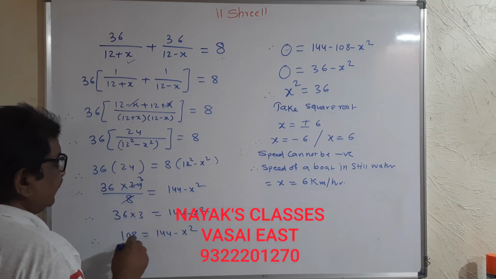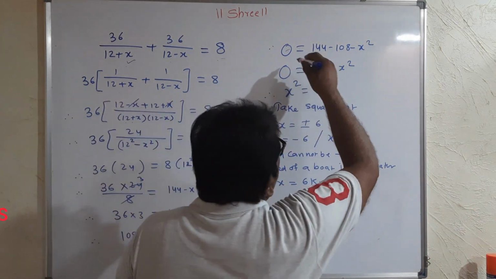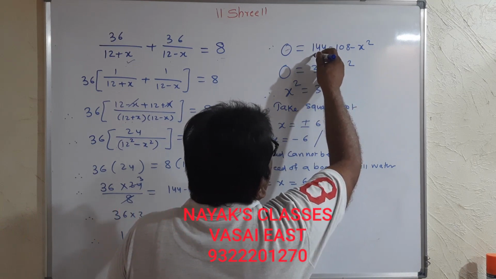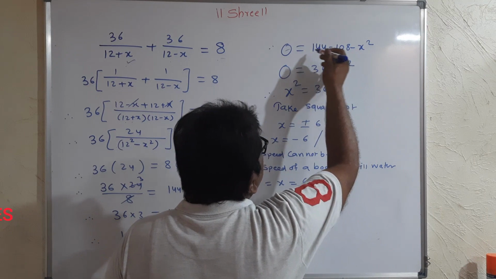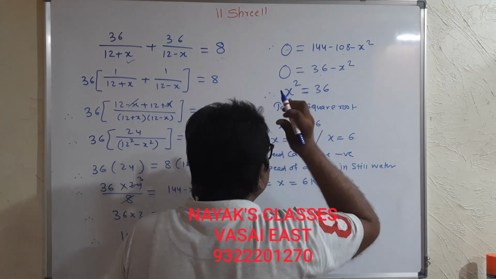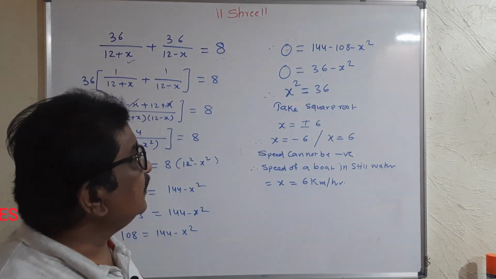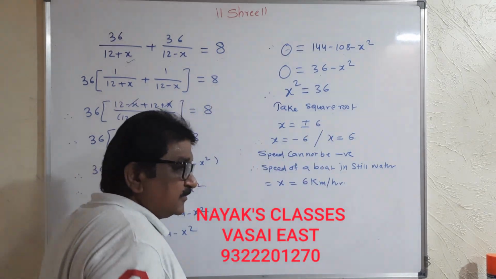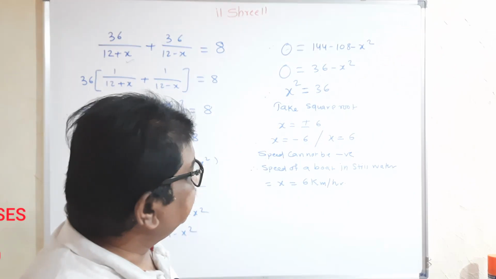So it is 108, 144. Now we have taken 108 to this side. 144 minus 108 is 36. We have taken this x square to this side. And final answer is x square is equal to 36. Take square root, we got this one. So speed cannot be negative.